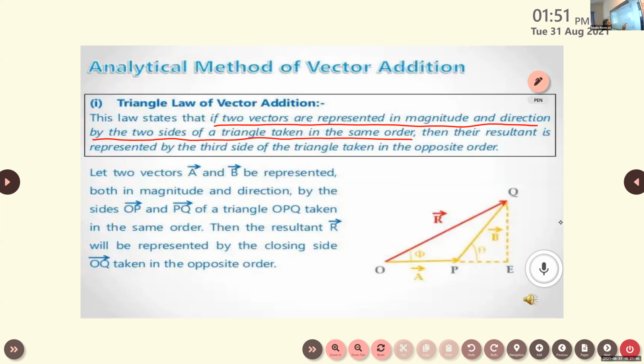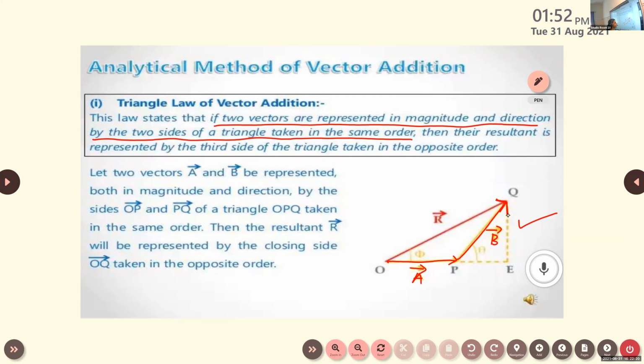The same thing you can find here. Here we have two vectors. This is vector A, in tail to head arrangement. Here we have vector B, also arranged tail to head. So vector A and vector B follow the same order because they follow tail to head arrangement.